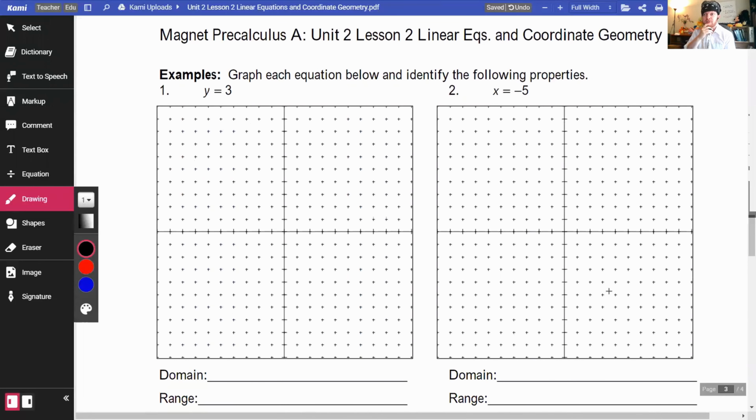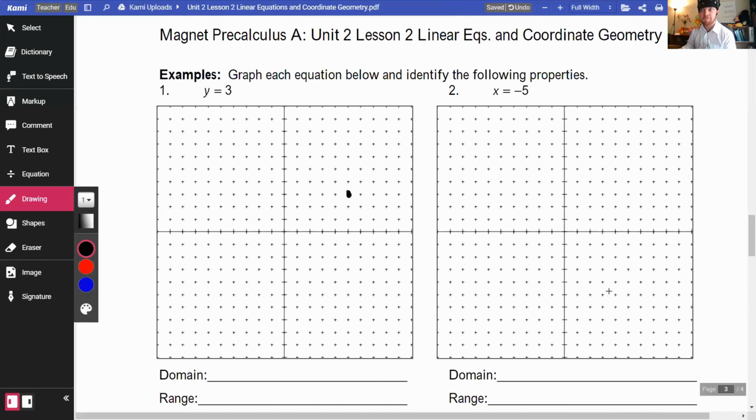Here are two examples of those aforementioned horizontal and vertical lines. y equals 3. What would that be? That would be a horizontal line. Give me a coordinate pair where 3 is the y coordinate. 5,000, 3. I do not have that on my graph, but I will do (5, 3).